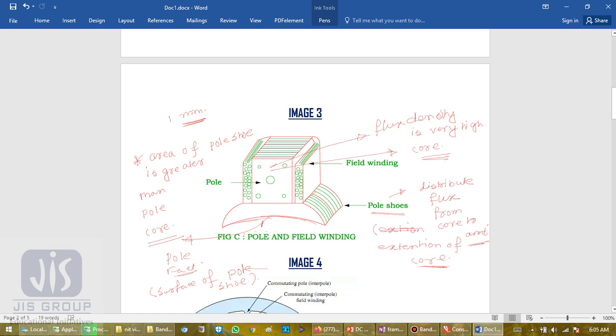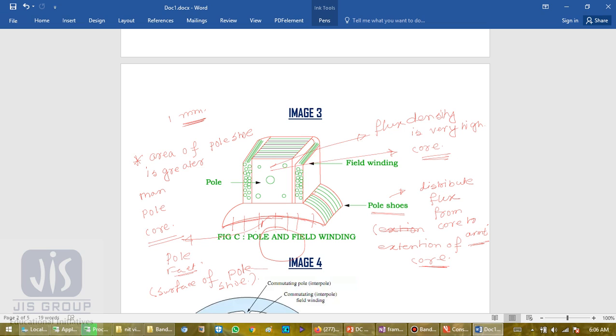It is given a circular shape to maintain uniform air gap length while the circular armature rotates alongside the pole face, so that flux distribution is uniform when the armature is rotating facing this pole surface.